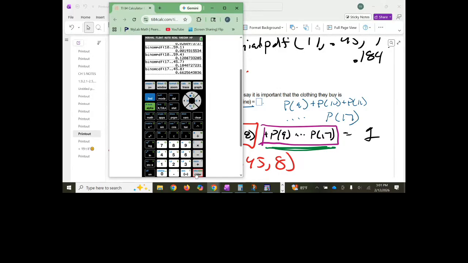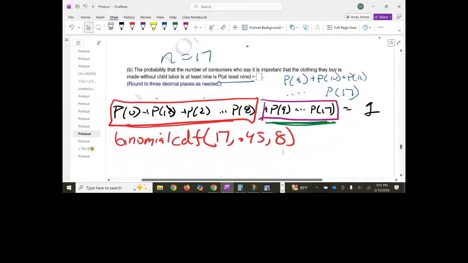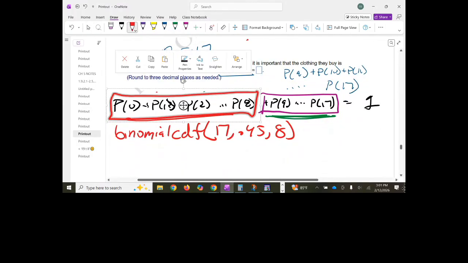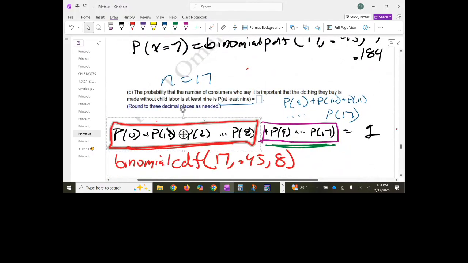I'm going to hit enter. Y'all, that number, according to what I got here, looks like a 0.663. Okay. So y'all, this number right here, I'm going to kind of draw a line through it. Boom. That number is 0.663.